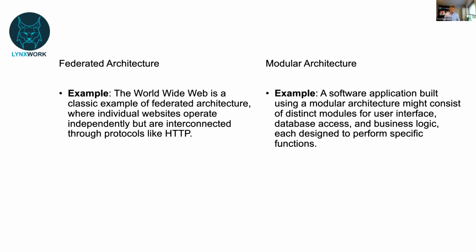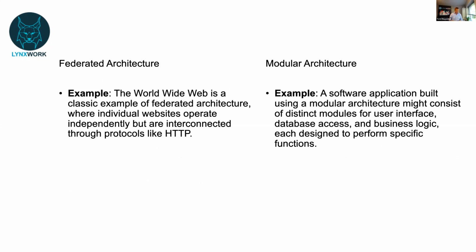So a couple of examples of the federated: the web, internet. Every web page is operating independently, but we have a protocol that we can communicate with. A modular architecture, well, we have someone from Lego here, quite good on the interfaces with the building blocks, how they should work. So I think you're spending quite some time on the interfaces of those.